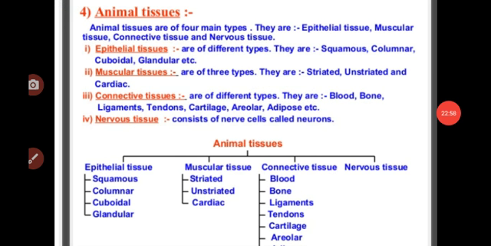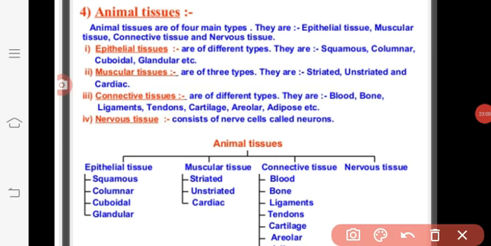Now, the next topic is animal tissue. Animal tissues are groups of animal cells that are specialized to perform a particular function. The working of an animal body is coordinated by tissues and organs formed from them.